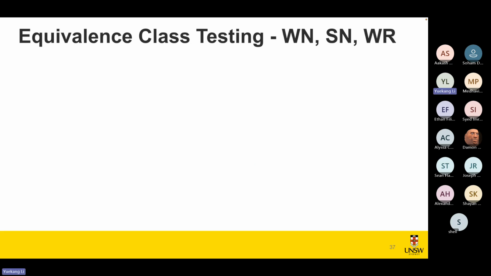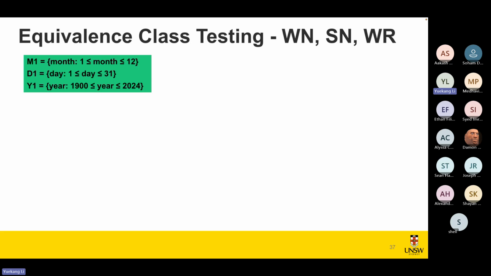And now let's think about different variations of equivalence class testing. So first, weak normal. For weak normal equivalence class testing, we only need to care about the valid equivalence classes, right? We only need to care about these 3.